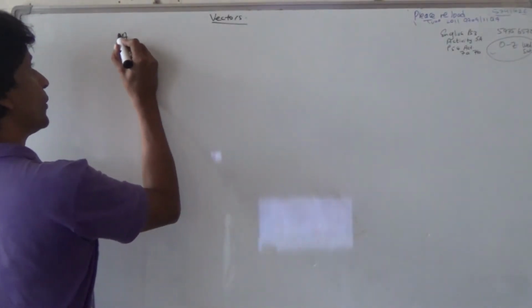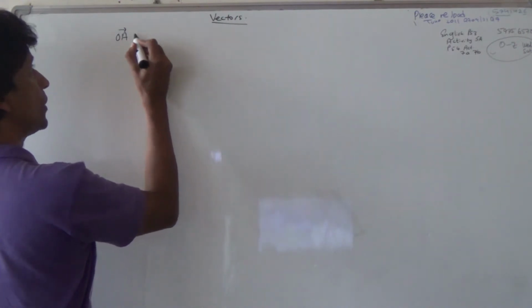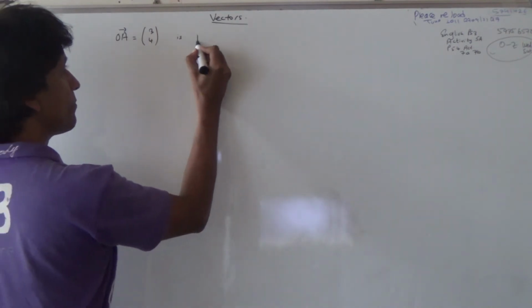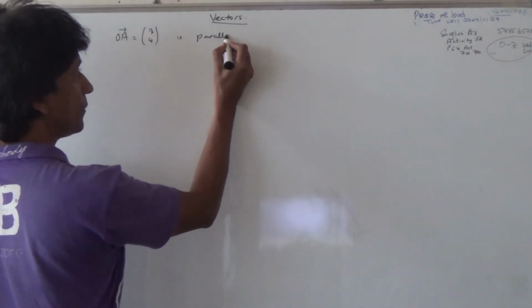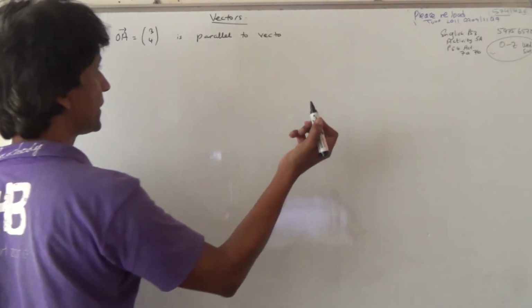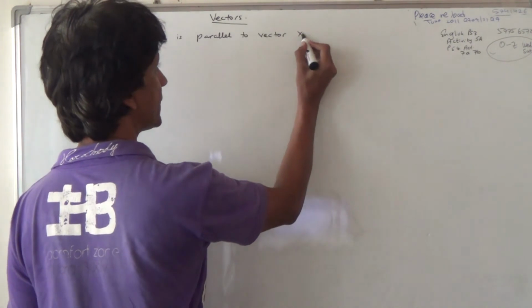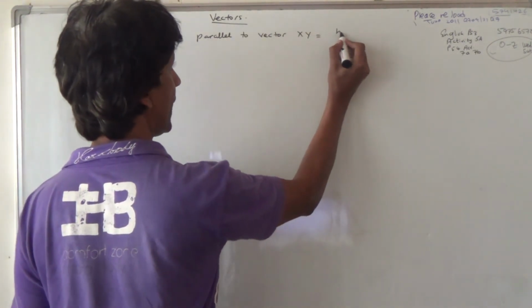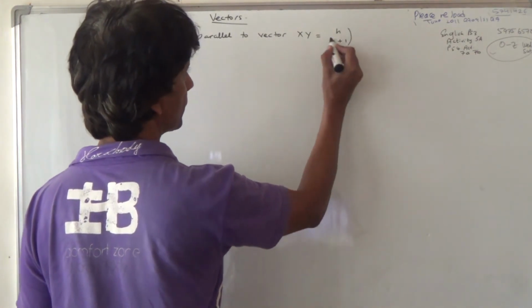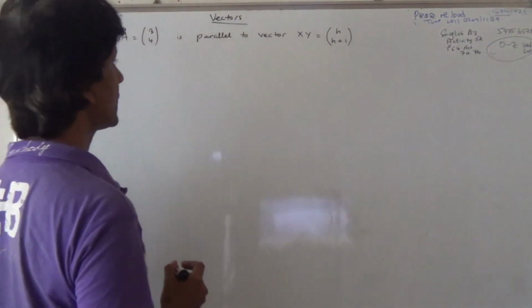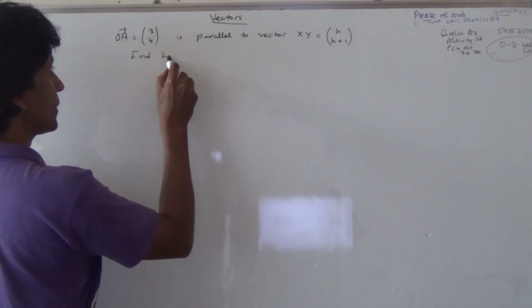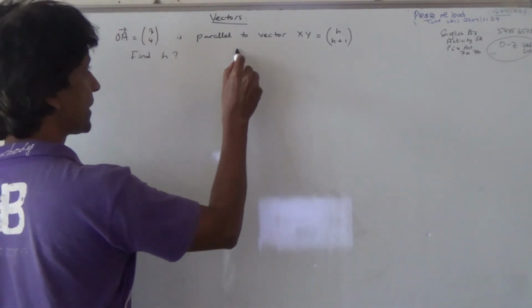I give you that the vector OA is equal to (3, 4) and is parallel to vector XY, which is equal to (h, h plus 1). I tell you to find h. Remember, h is a scalar.